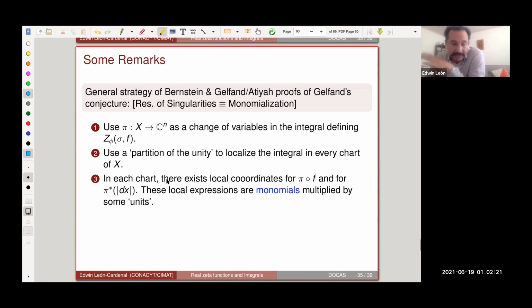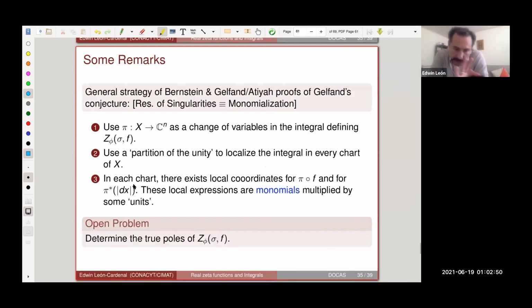And what happens is that when you use resolution of singularities, in every chart the function is a monomial, and again, the pullback of the differential form, the top differential form, is monomial. And once you know the description of the poles of the monomial zeta functions, then you're done. Okay, so this is the general strategy.